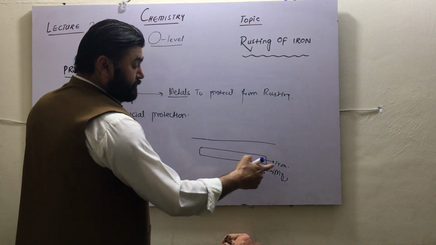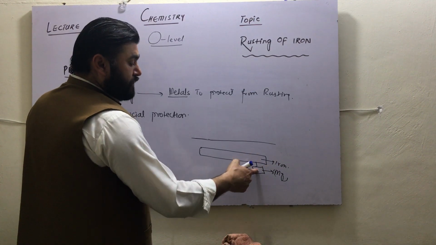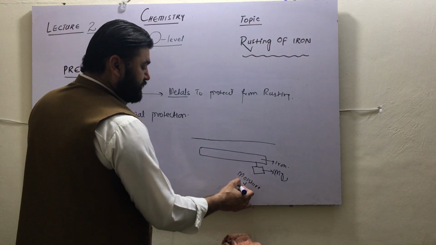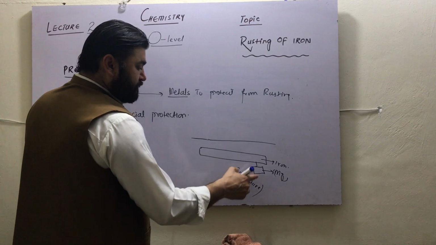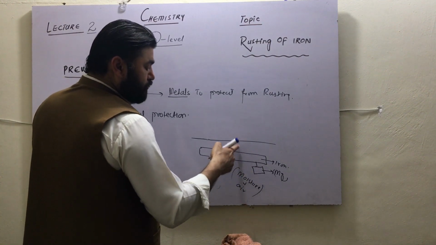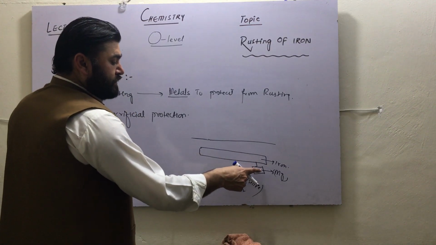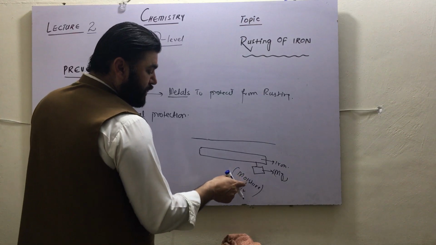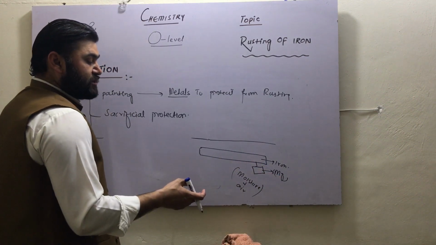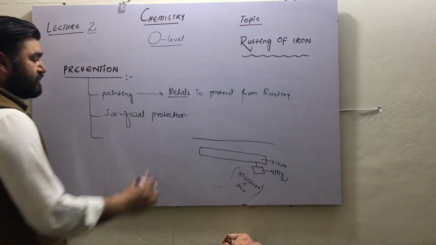Magnesium is more reactive than iron, so it reacts with moisture and air. It protects the iron from rusting, and the rust acts on magnesium, not on the iron. The function of magnesium is to protect iron from rusting. This is called sacrificial protection.